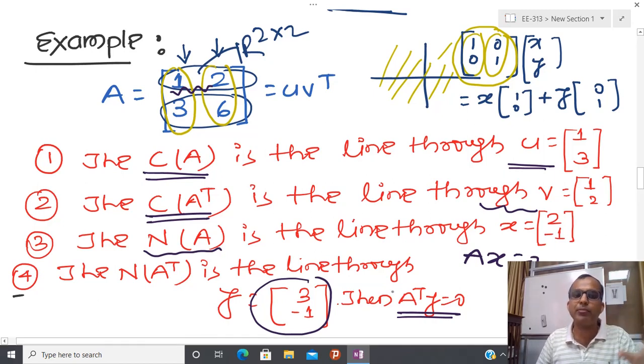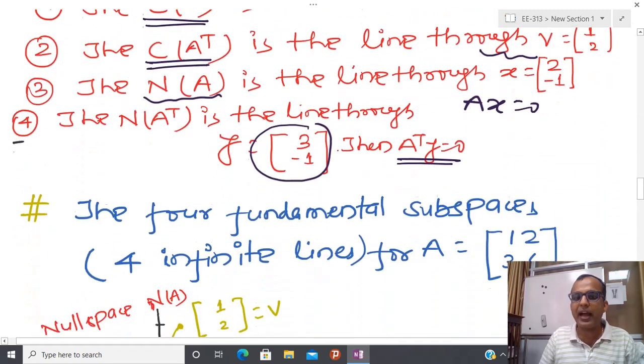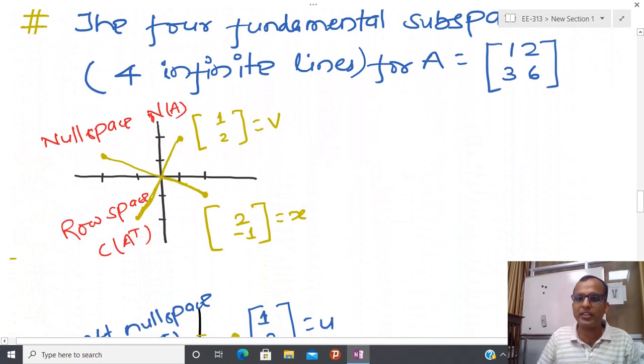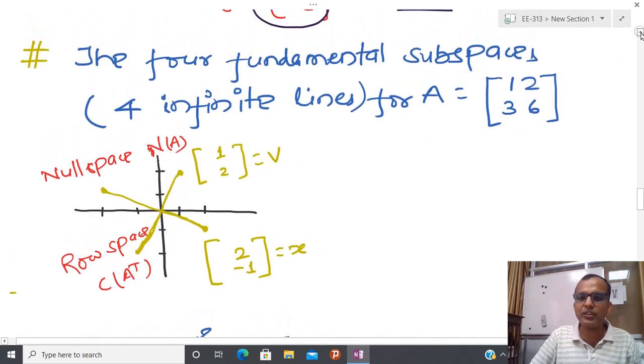But I will give you the idea that whenever I have some constant matrix, then there exist 4 different kinds of subspaces with respect to that matrix. And why I am saying subspace: here you can see that I have a 2-dimensional space, but using the column space or null space I am only able to move on some specific line. So geometrically, I have drawn all 4 spaces corresponding to this matrix.